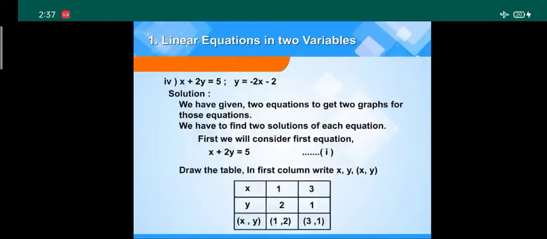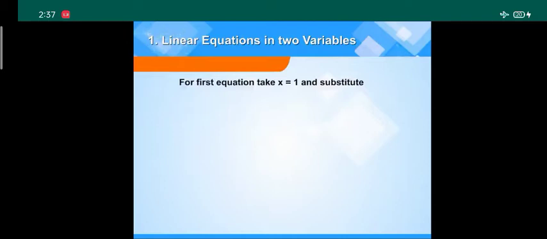Draw the table. In the first column, write x, y, and xy. For the first equation, take x is equal to 1 and substitute. Therefore, 1 plus 2y is equal to 5.